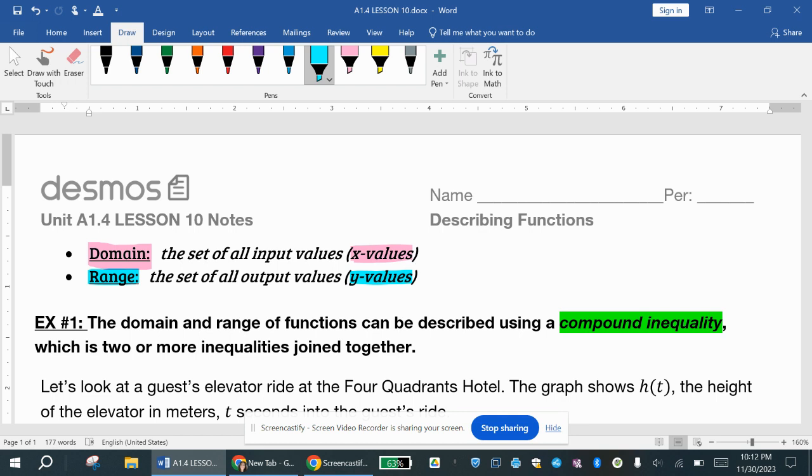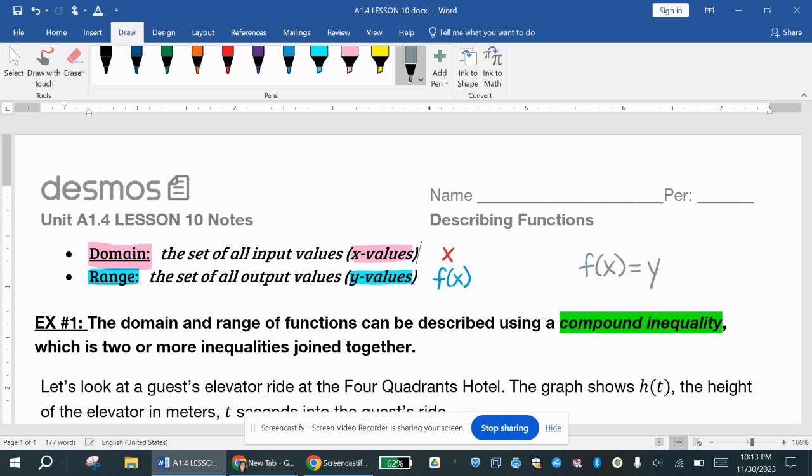Now think back to function notation. Well, the x values are just written as x. However, in function notation, the y values are written as f of x or g of x, q of x, right? The very first day we were introduced to function notation, we wrote that f of x equals y.